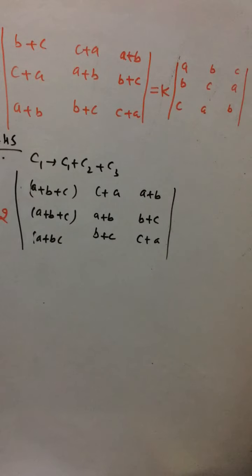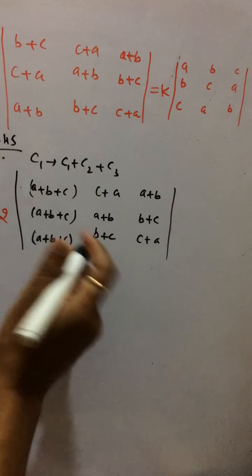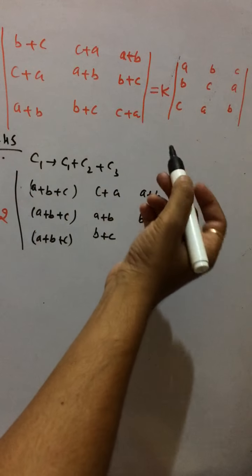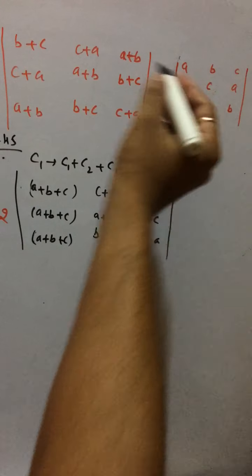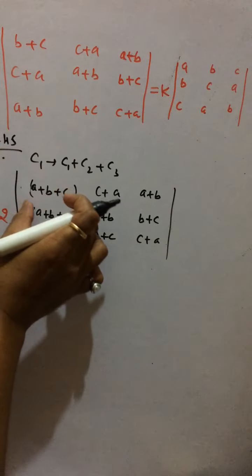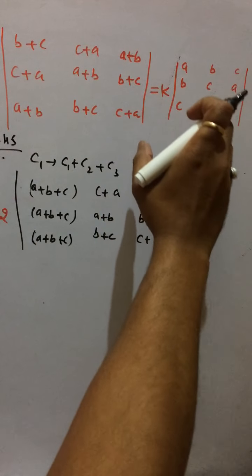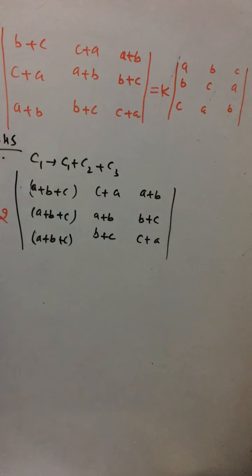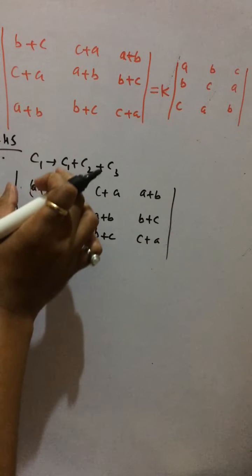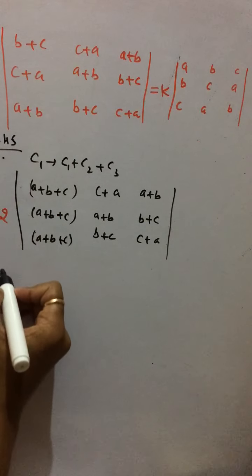You can ask me why I'm not taking out A plus B plus C, because we need the similar result: A B C, B C A and C A B. When we remove this, you'll end up with 1 1 1, and we don't need 1 1 1 in any column here. So we are not taking out A plus B plus C as common here.